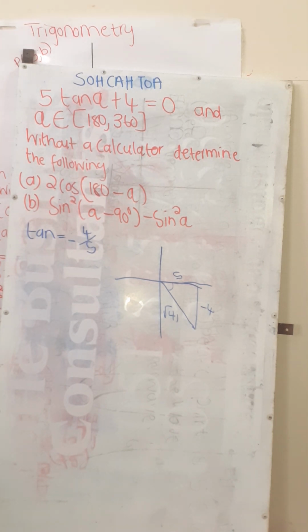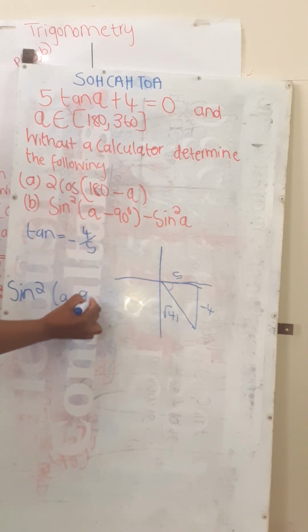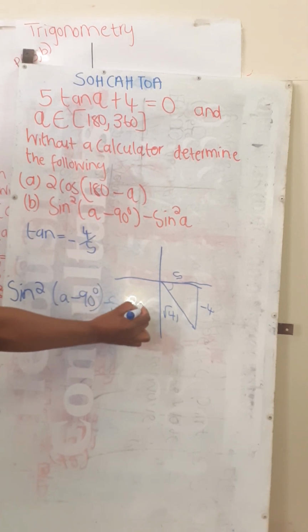And when we see cos(90 minus theta), or cos(theta minus 90), that is a sine, right? I hope your teacher told you that. So here we have sine squared(alpha minus 90) minus sine squared alpha.